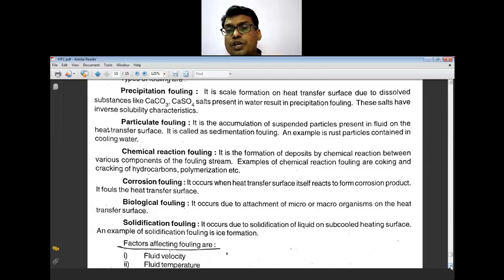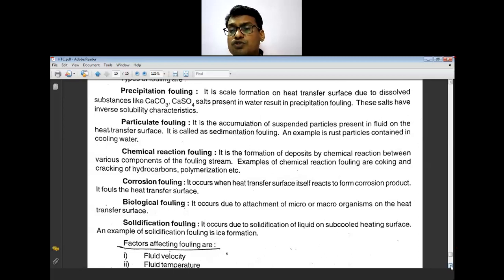Then there is biological fouling. It occurs due to the attachment of micro as well as macroorganisms on the heat transfer surface. This is biological development, and for that purpose certain chemicals like chlorine or bleaching powder are generally added as treatment to avoid this biological fouling.